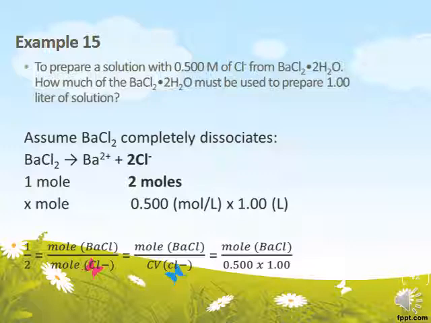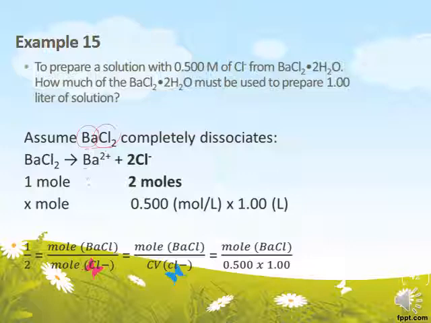Now, first of all, let's assume that barium chloride completely dissociates because this is an ionic compound. We have metal and also non-metal. So the dissociation of barium chloride will produce barium 2 plus ions and also chloride ions. Balance, we put 2 here, so the ratio is 1 to 2 mole stoichiometrically.